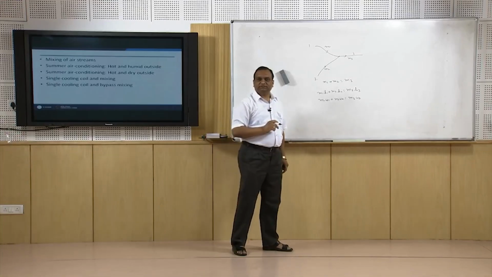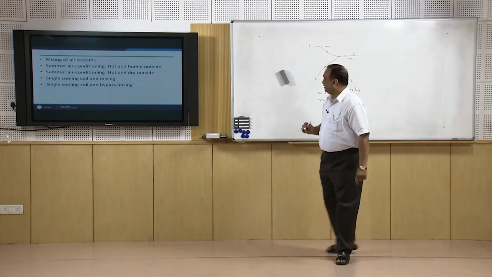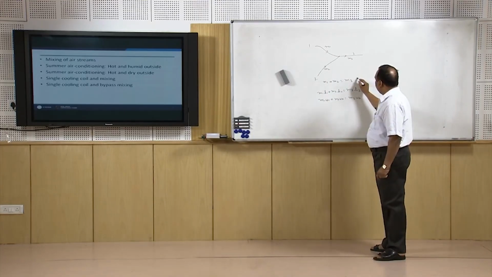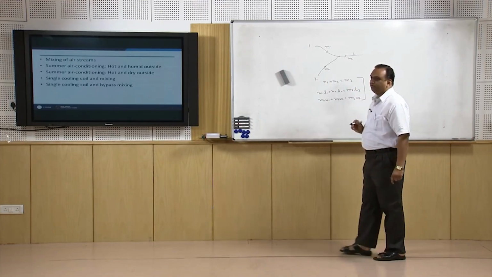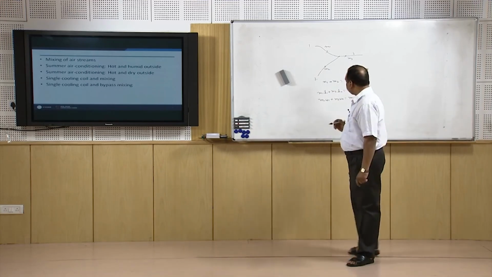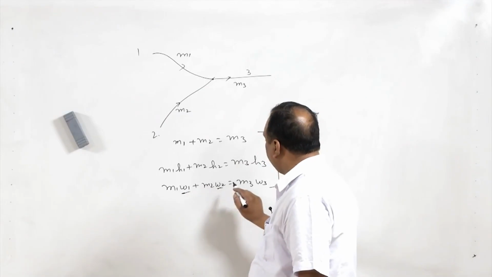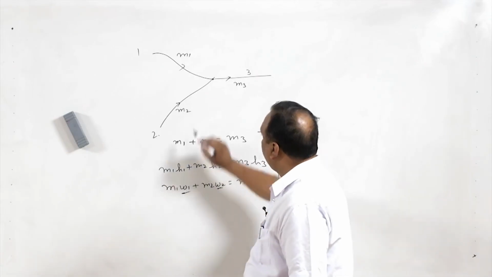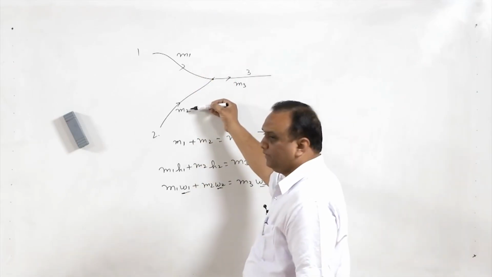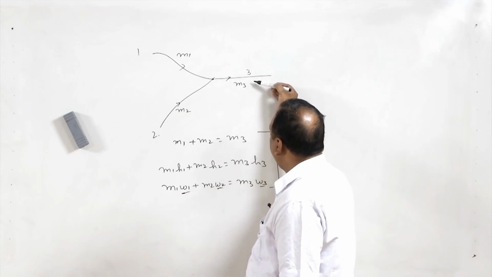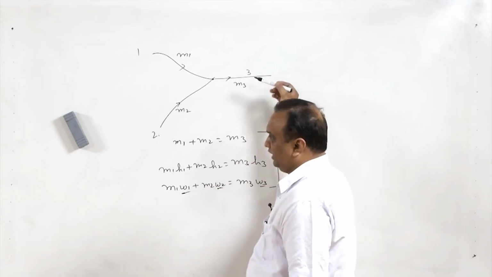There are three relations which will be governing the mixing of two air streams. Now, W is specific humidity or humidity ratio: W1, W2, W3 are the specific humidity of stream 1, stream 2 and stream 3.